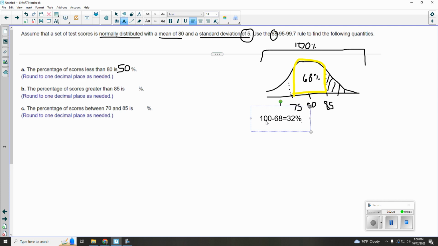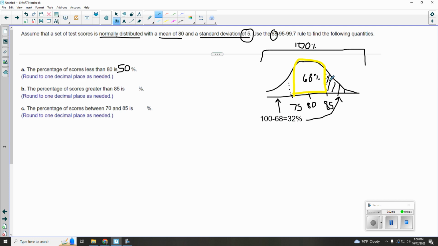That is the percentage that is in these two areas here, this one and this one together. So 68% plus these two ends, 32%, gives you the 100%.